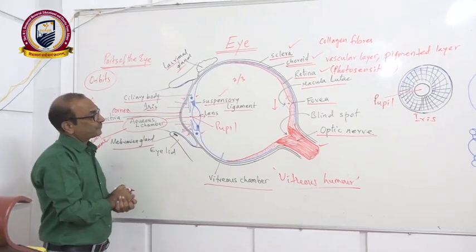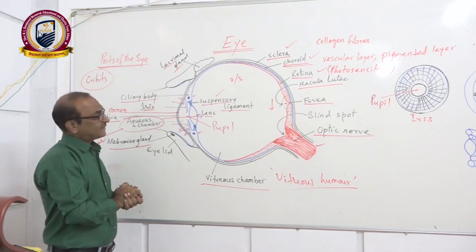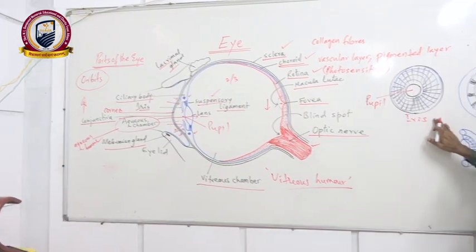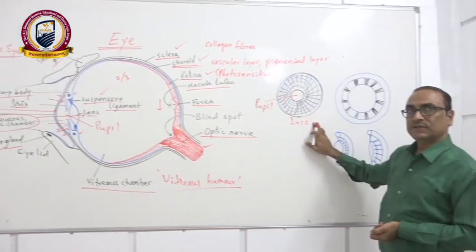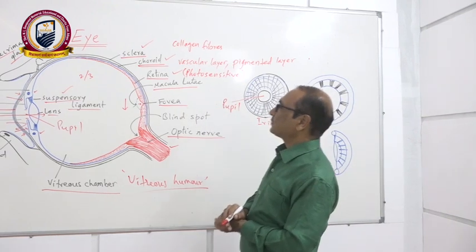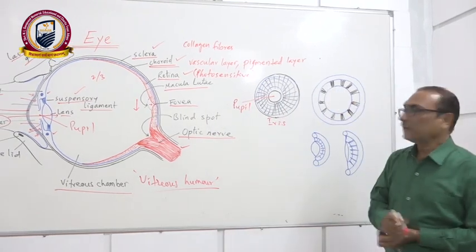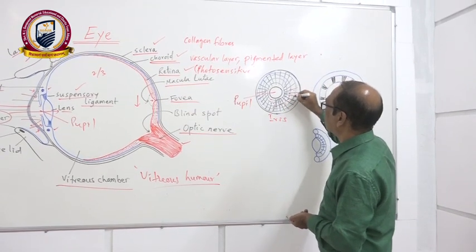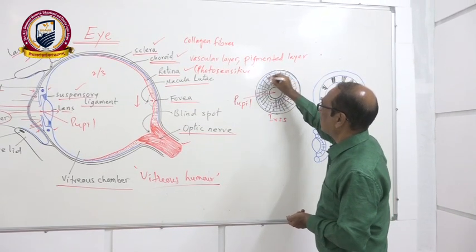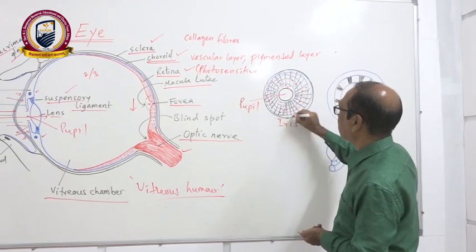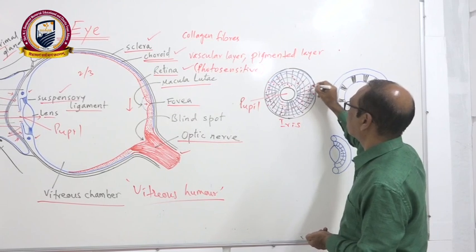Now, if you look at the functional part of the eye, let's take up first iris, a circular disc in front, which is a part of the pigmented layer, choroid. Okay, and it contains a lot of pigments inside. So it is the dark pigmented layer, and these pigments differ from person to person.